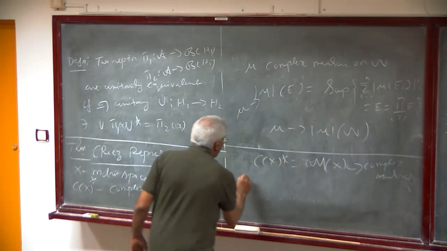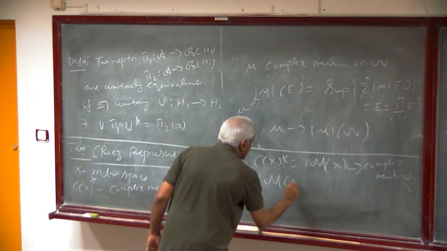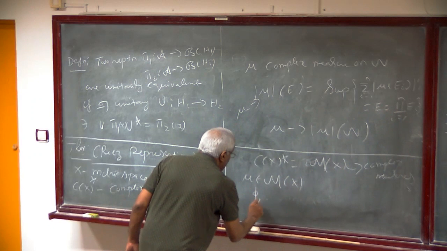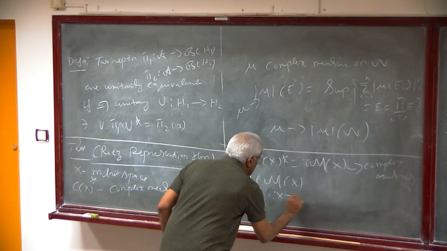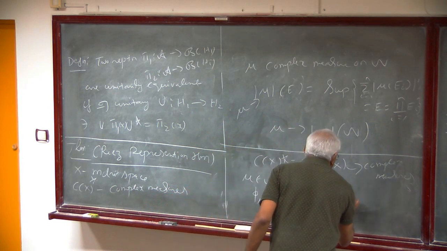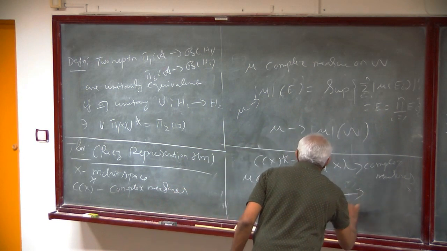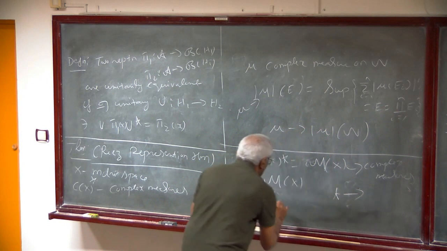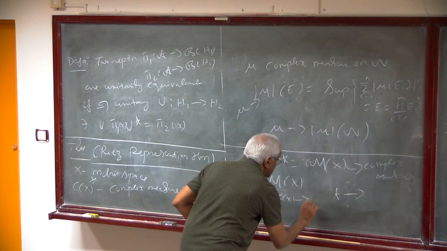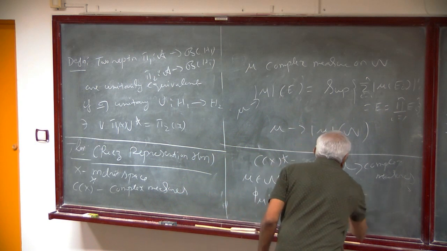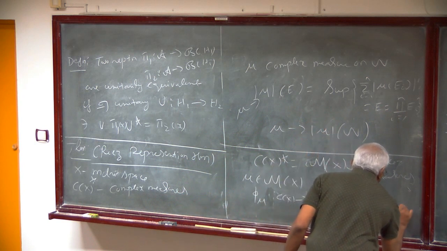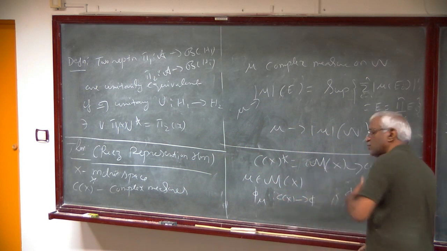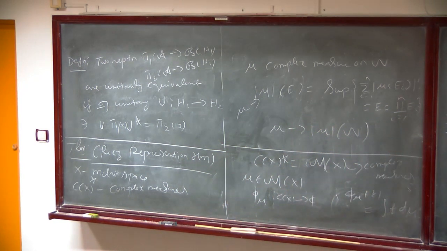How it works is, if you have a complex measure mu on X, then you can define a linear functional pi_mu from C(X) to C by pi_mu(f) equals the integral of f d mu. Like you integrate with respect to any measure, you can integrate with respect to a complex measure also, which is direct.